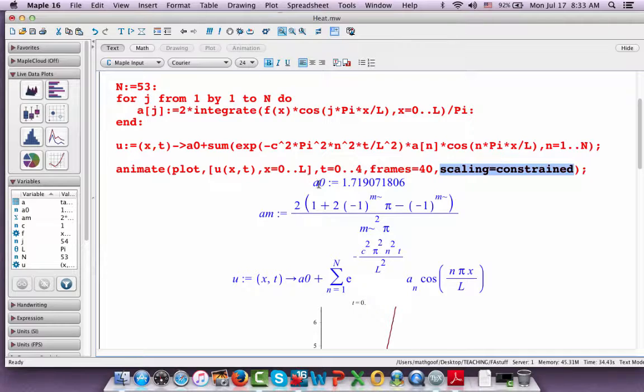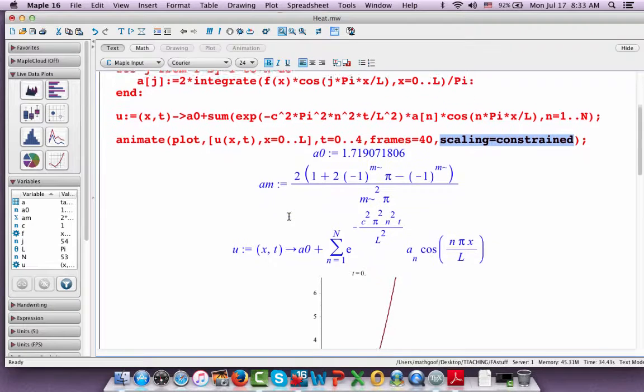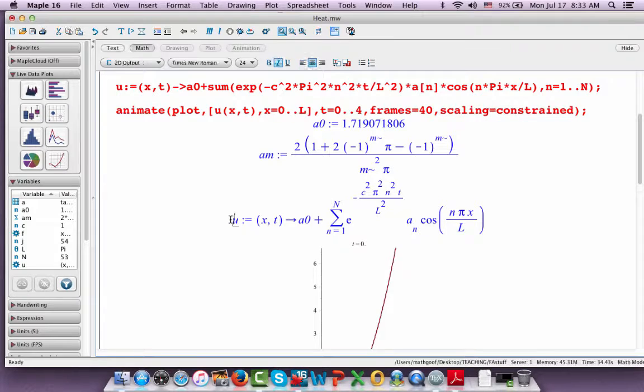Again, we have our A0 computed as about 1.72. The formula is what we saw in the notes, except I have an M instead of an N in it. And then this is just telling me that I did define the function to have the form that we want. And all the numbers for the coefficients are stored in these symbols A0 and A sub n.